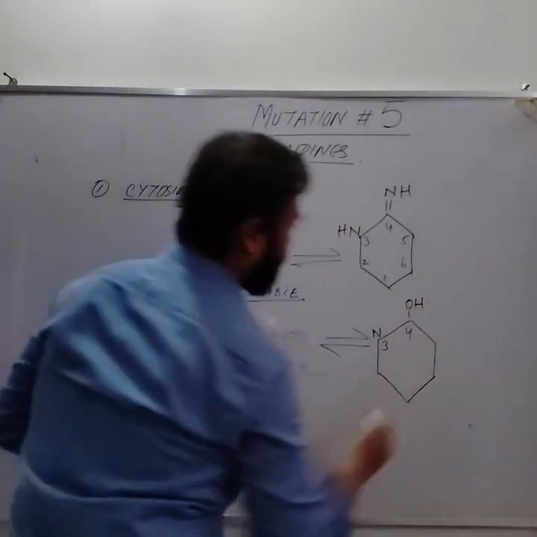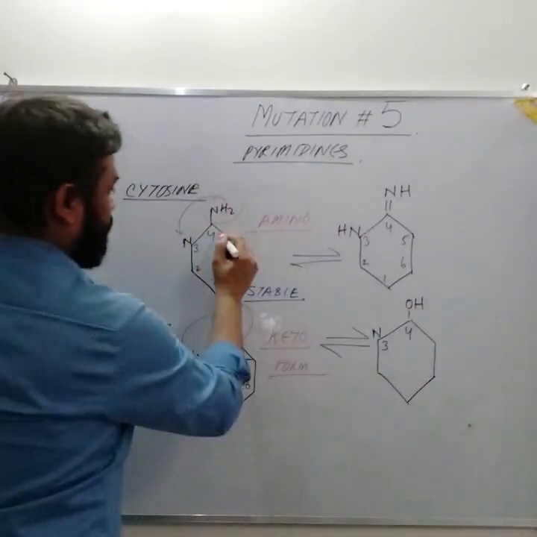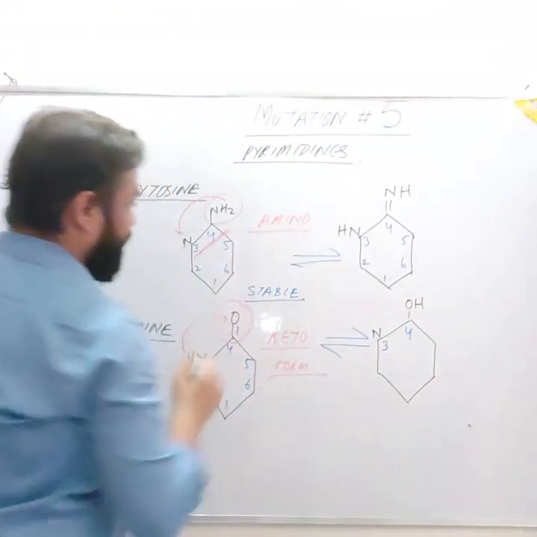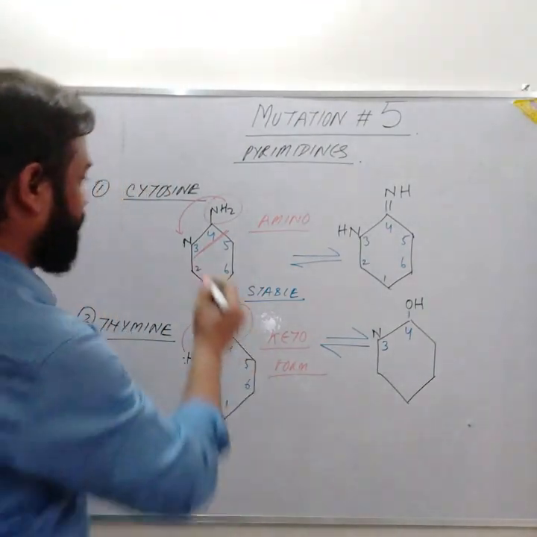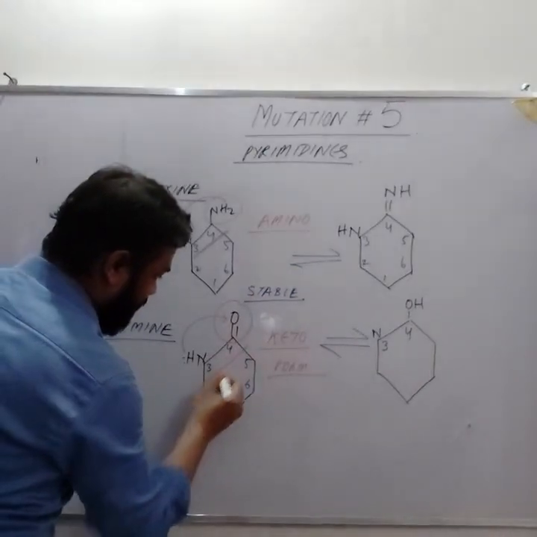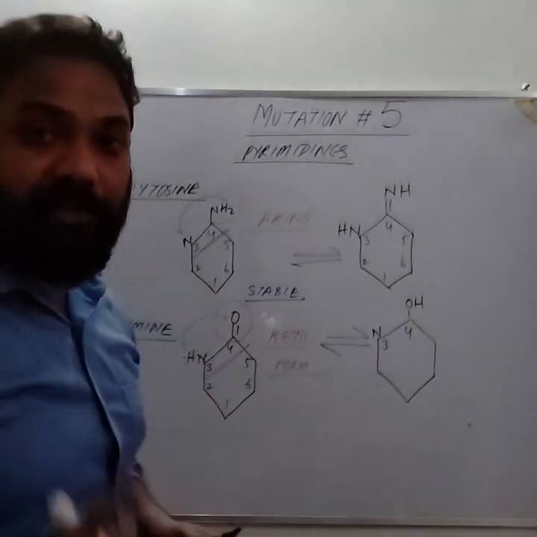Between 3 and 4. That means shifting is occurring between position number 3 and 4. Here also shifting is occurring between position number 3 and 4.